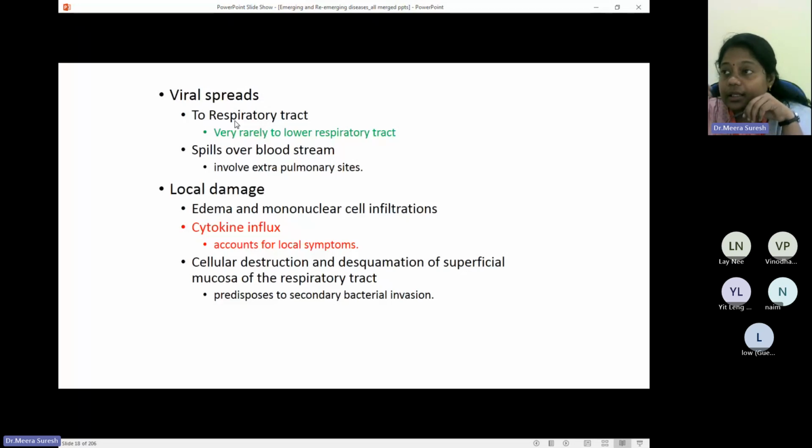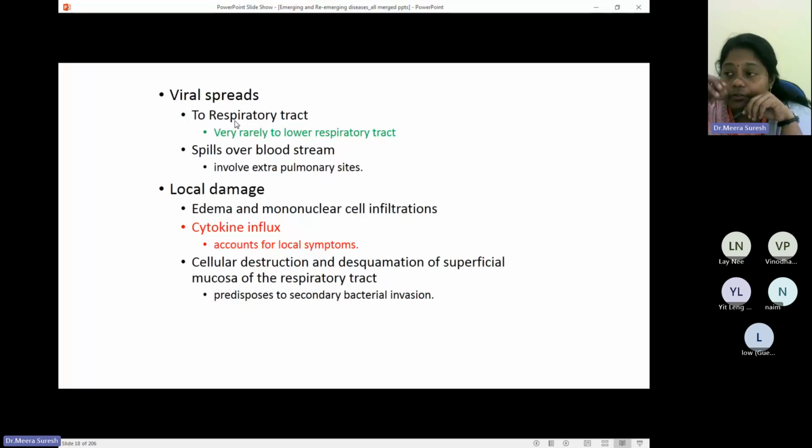And cytokine influx, you have studied acute inflammation. In acute inflammation, one of the features will be the release of certain cytokines. These cytokines are produced as a part of the immunity to kill that external pathogen which has resulted in that acute inflammation.